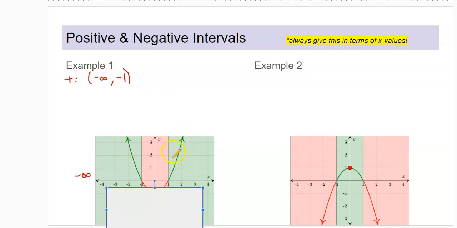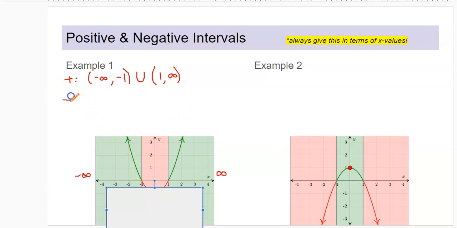And there's another part that's positive, so we're going to use the union symbol. And from 1 to positive infinity. Notice I've used round brackets here to indicate that it doesn't include that end number. Positive infinity is to the right, negative infinity is to the left.